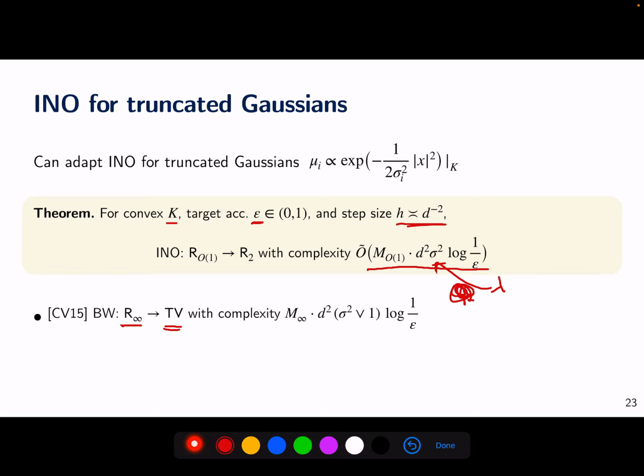But their final guarantee looks slightly more complicated. As you see here, there is some analytical artifact, like the maximum term here. On the other hand, our in-and-out final complexity looks much cleaner, and it doesn't have an analytical artifact like that.